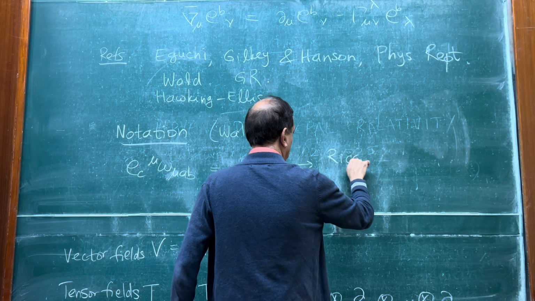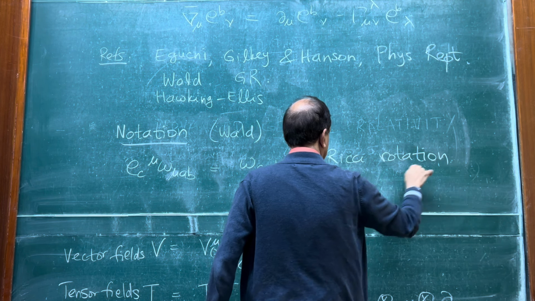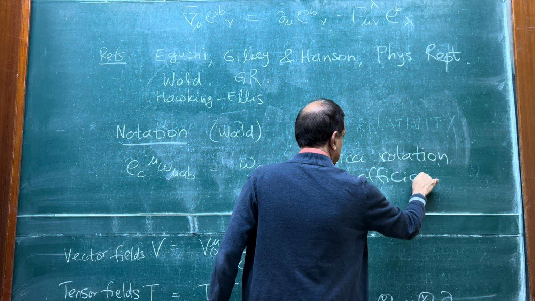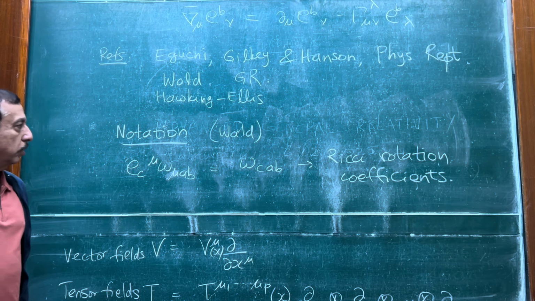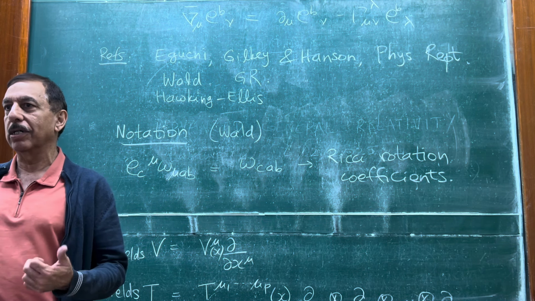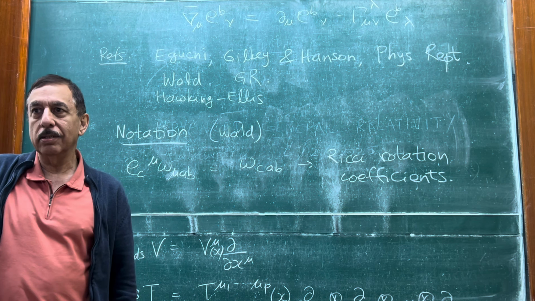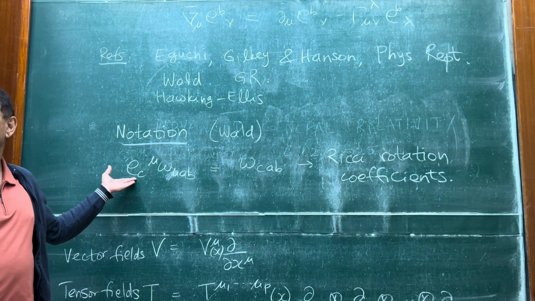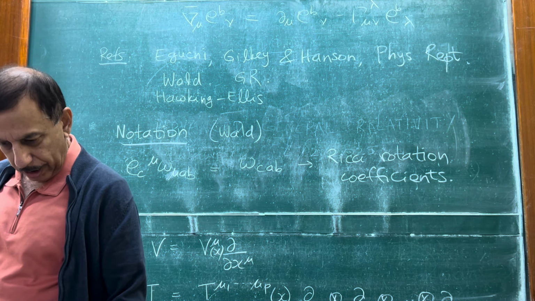I have no idea why. This is the name used both in Wald and, I think, this plays a role in the derivation of the Kerr metric. So the original papers of Kerr and Kerr-Schild, I think, make use of Ricci rotation coefficients. And it took me a while to realize that it's something we know extremely well, just dotted with a frame. It's not a big deal. Okay.